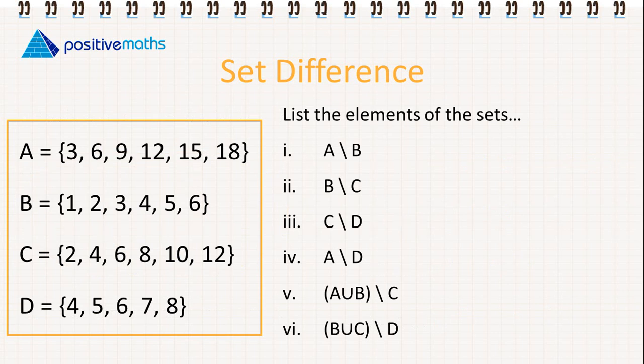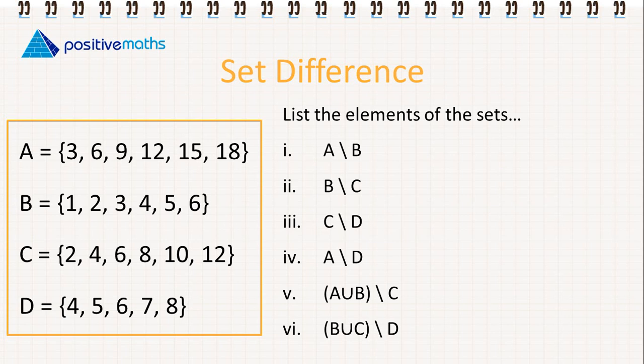Okay, so here we have 4 sets, A, B, C and D. We need to list the elements of the sets. So we need to be able to do this without a Venn diagram as well. Okay, so we're looking for A without B. So what we're going to do is identify the elements that are in A and B, because they will not be included.